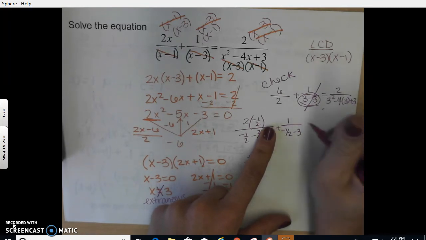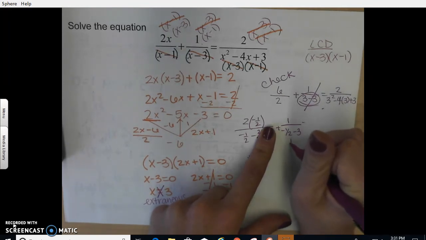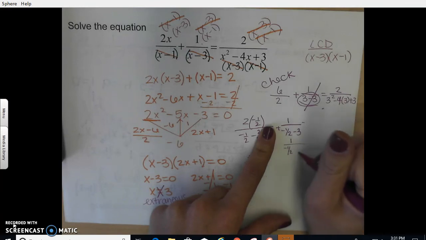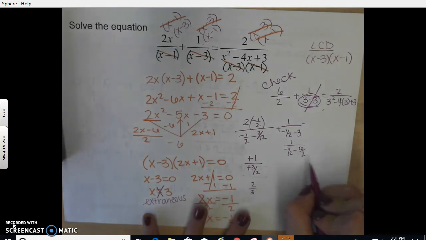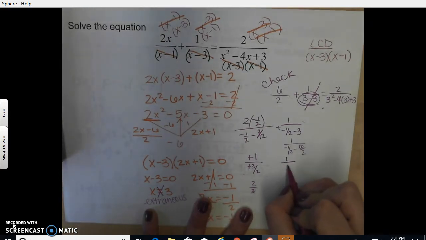This 3 is like 1 over negative 1/2 minus 6 over 2, which is 1 over negative 7 over 2.